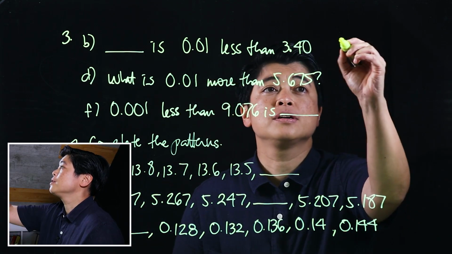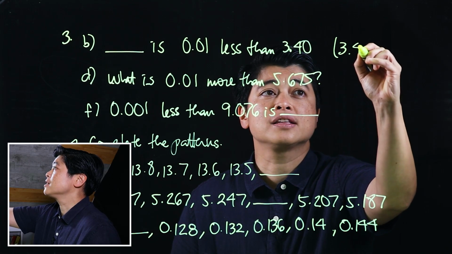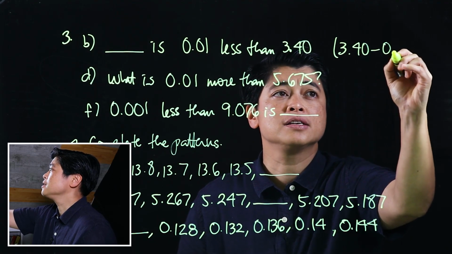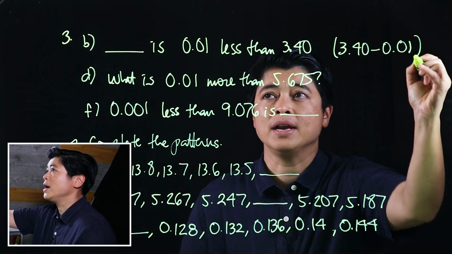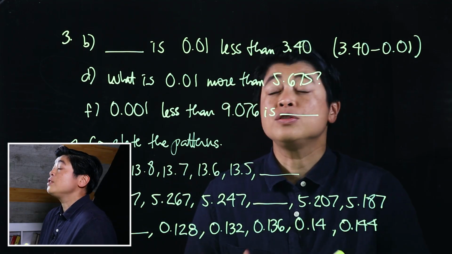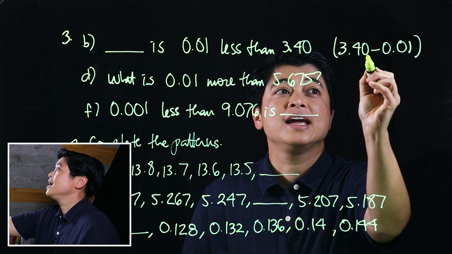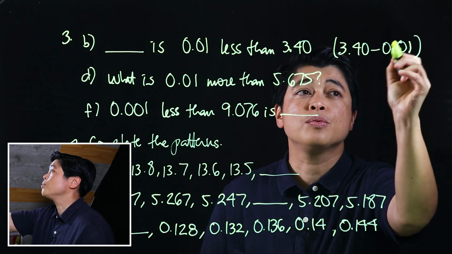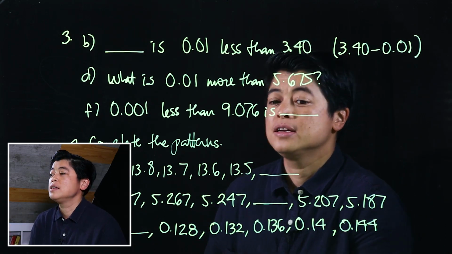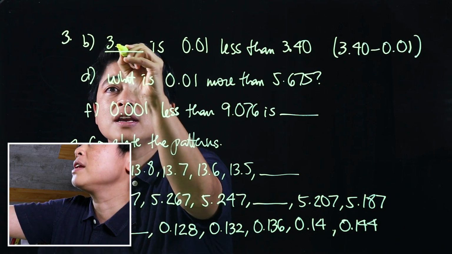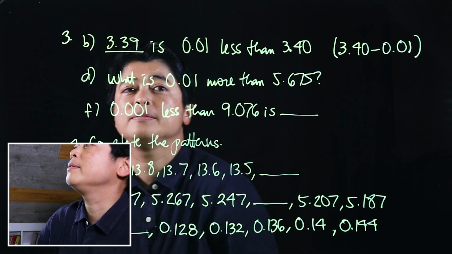So the operation is 3.40 minus 0.01. If we do mental math, we know that the 3 stays, and 40 minus 1 is 39. So our answer should be 3.39.